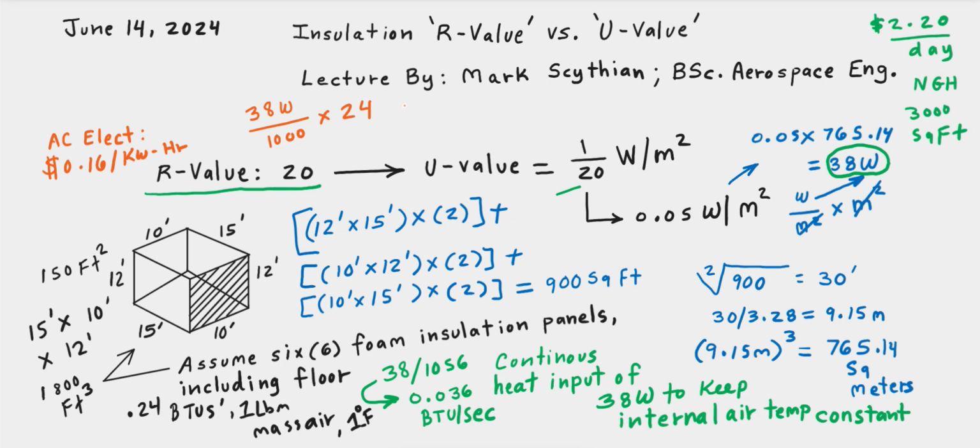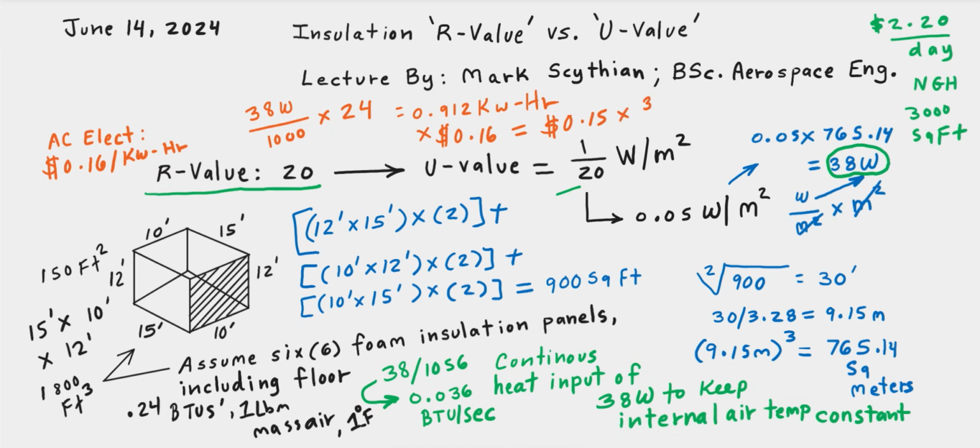So that's 0.912 kilowatt hours. And then we multiply that times 16 cents, or 0.145, so 0.15. So that's 15 cents per 150 square feet.